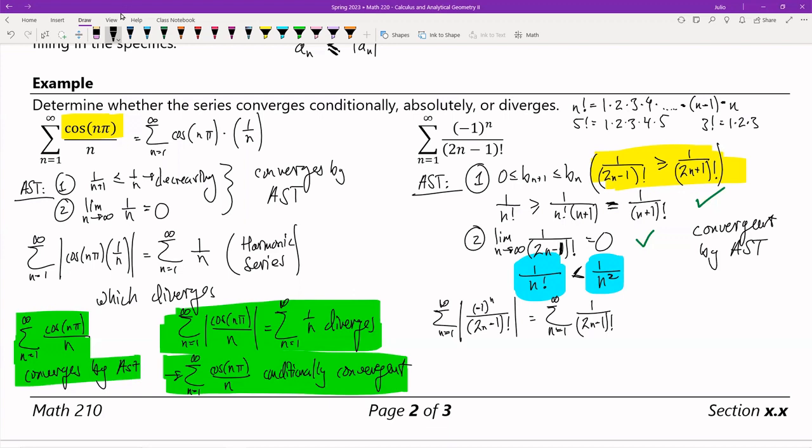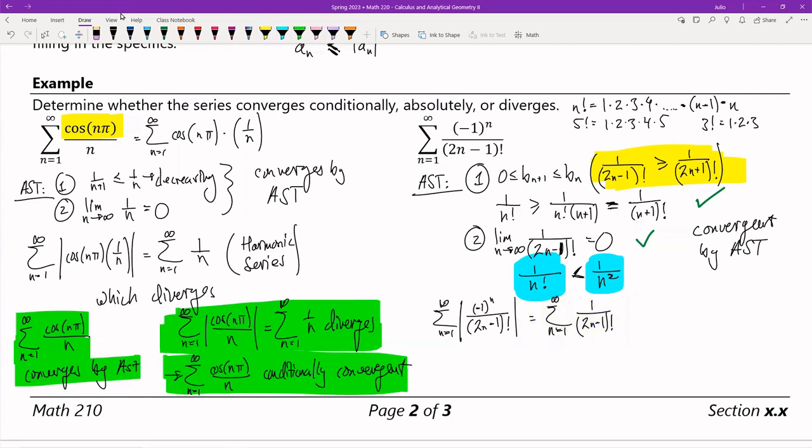Since I'm taking the absolute value, that oscillating bit, the minus 1, plus 1, minus 1, plus 1, makes no difference anymore. I can just eliminate it because of the absolute value.